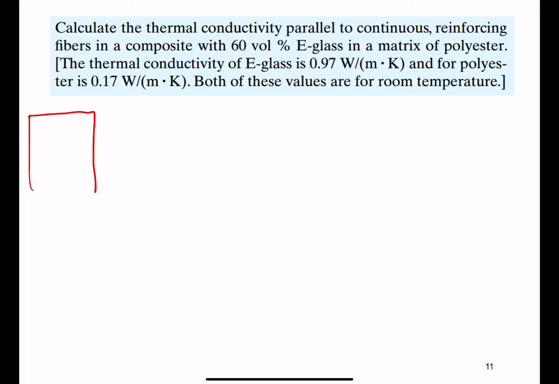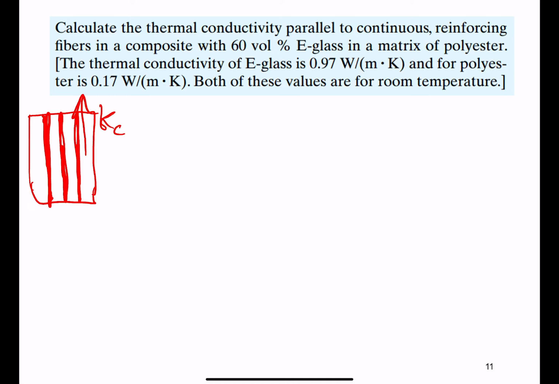Okay, so notice from our diagram earlier that here there's going to be fibers. And now we're saying that the thermal conductivity is going to be different in one direction versus another. So we'll call this perhaps K, the thermal conductivity value K for the composite, parallel to those fibers.